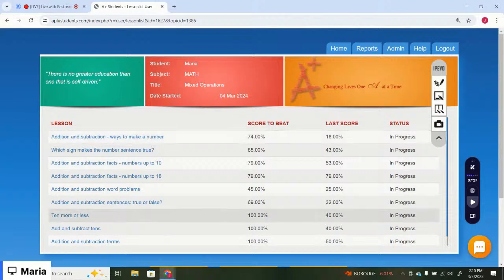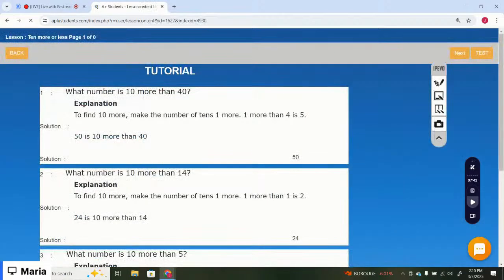The next lesson is 10 more or less. Which number is 10 more than 40?